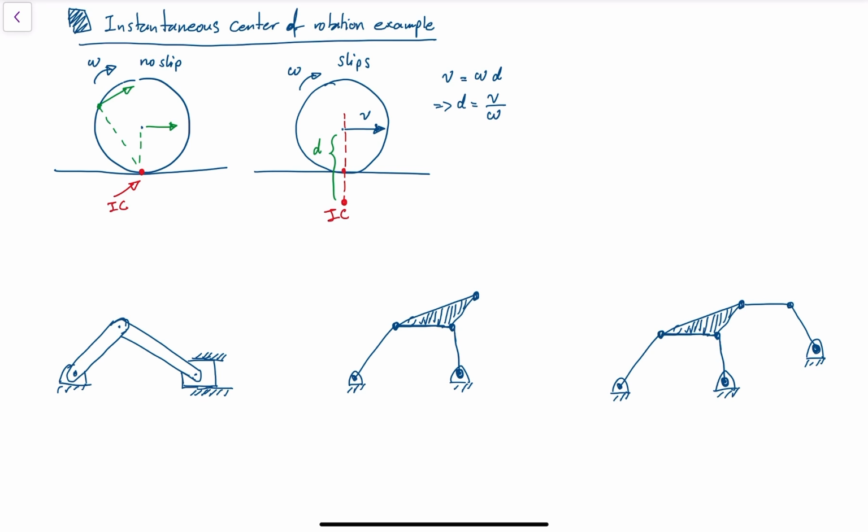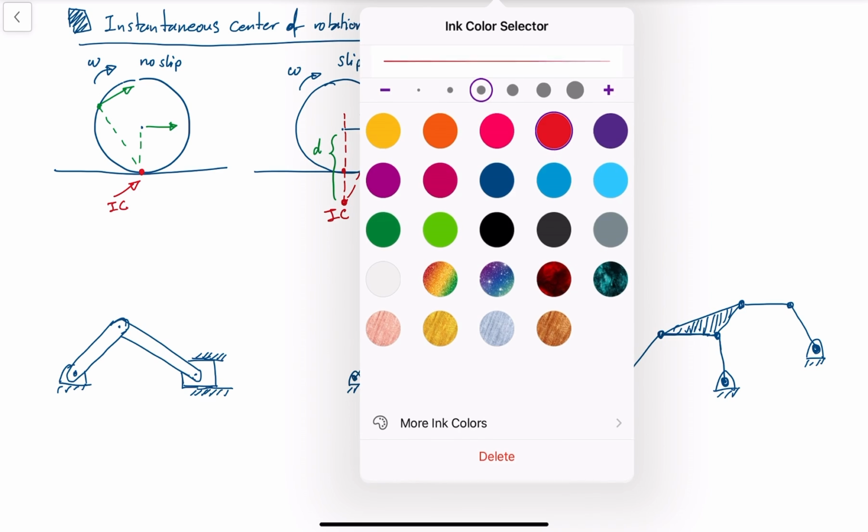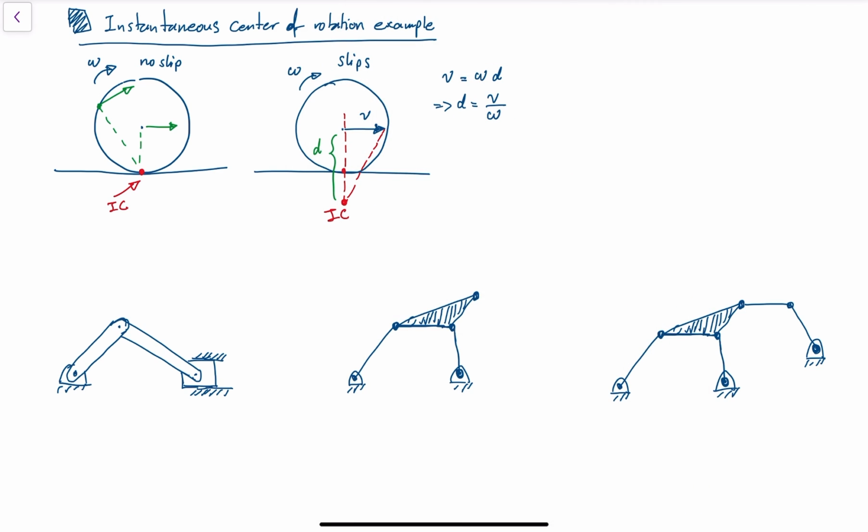And from here, you can make further deductions. The velocity of any point is proportional to the distance from the IC. So for instance, if you want to find the velocity of the contact point where the slipping occurs, you can draw these proportional triangles to find the velocity of slipping. So this is v slip.